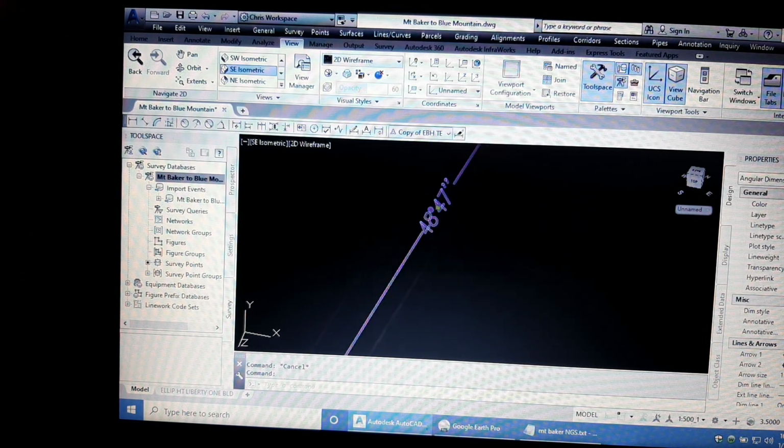So I got 48 degrees and 47 minutes north latitude.